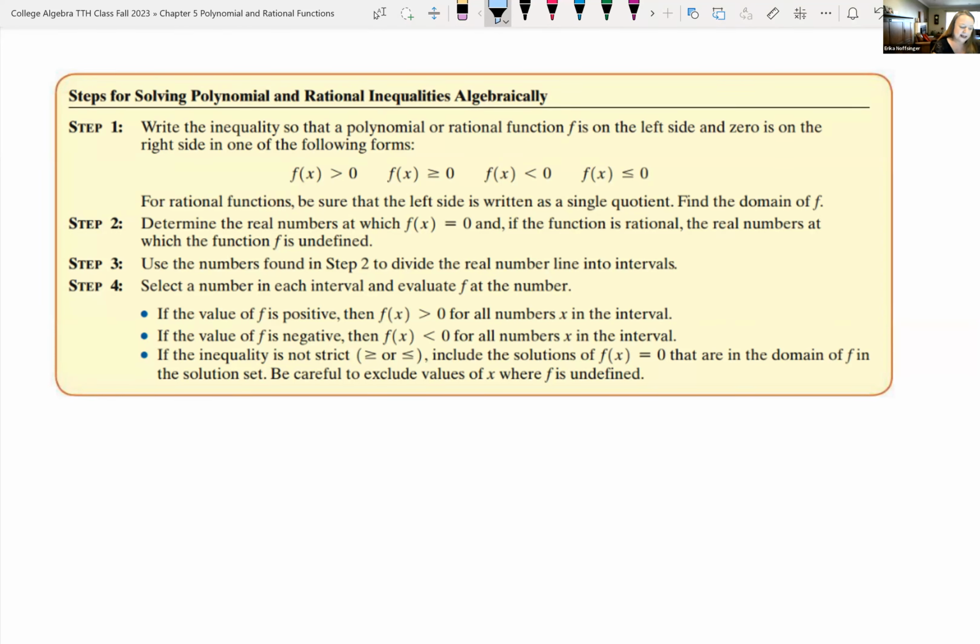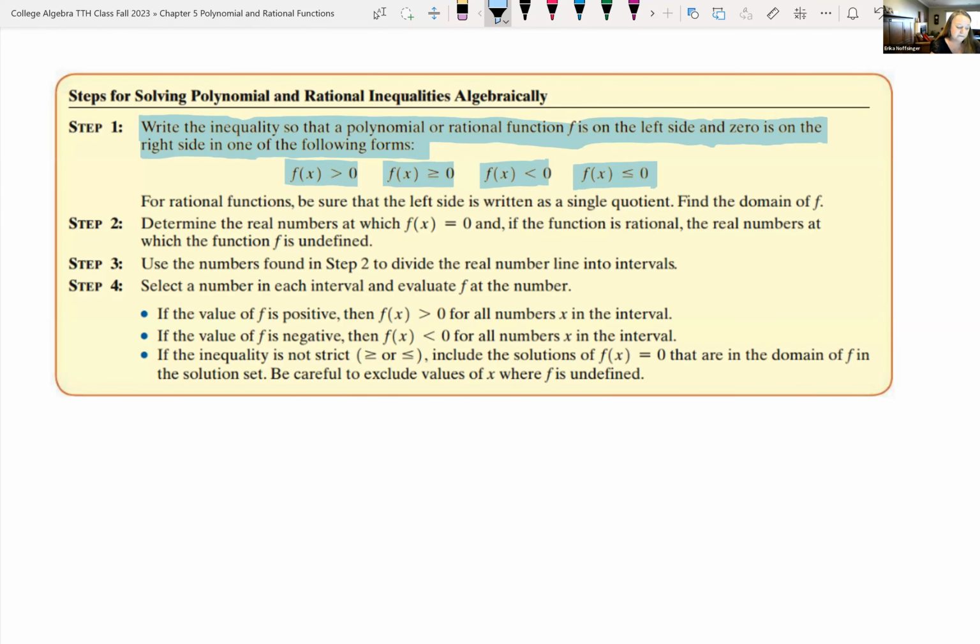So step 1 says, write your inequality so that the polynomial or rational function f is on the left side and 0 is on the right side, in one of the following forms: f of x is greater than 0, f of x is greater than or equal to 0, f of x is less than 0, or f of x is less than or equal to 0.